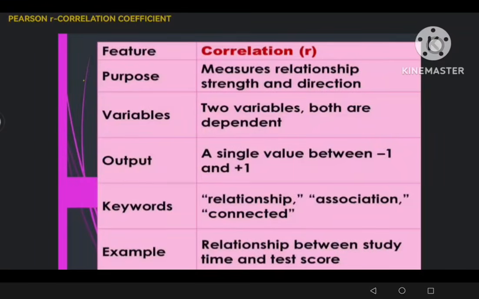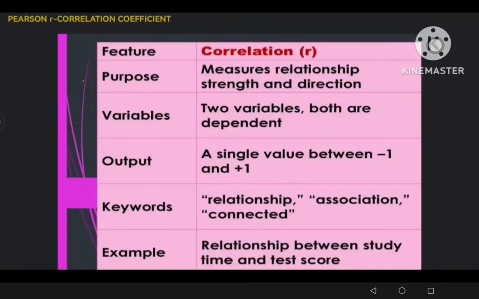So we're going to use Pearson R correlation coefficient depending on the statement. We're going to analyze the statement before proceeding to its formula. So for example, we have here the relationship between study time and test score. These are the dependent variables here, the study time and the test score. It represents two variables. We're going to put x and y here later, study time and test score.